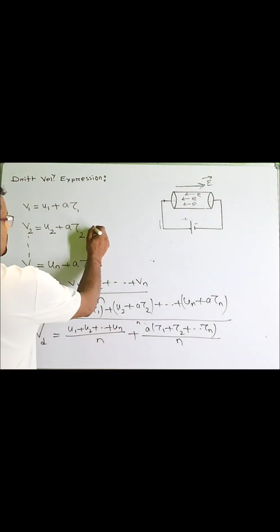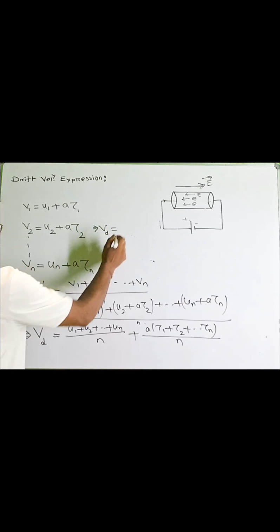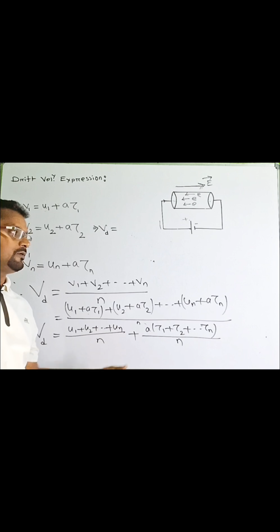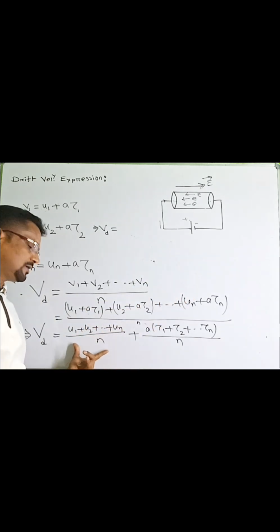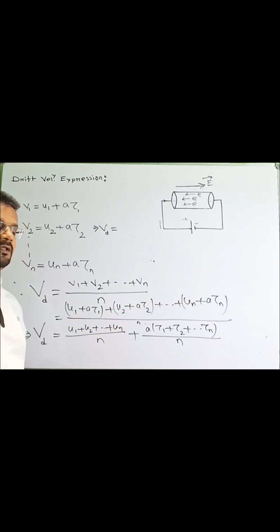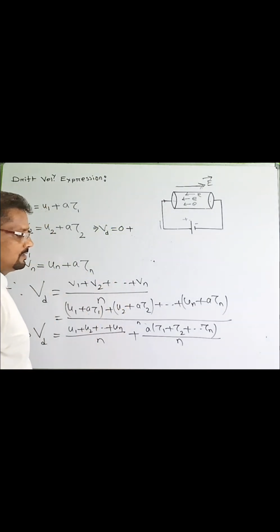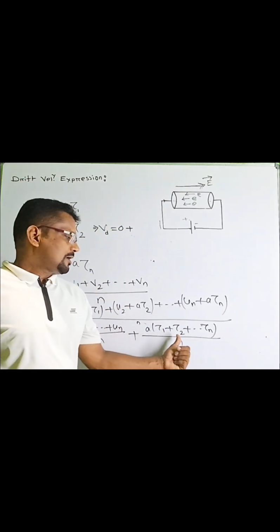Now it is the average thermal velocity, and we already explained that the average thermal velocity is 0. So this value is 0, plus a times tau1, tau2, up to tau n.